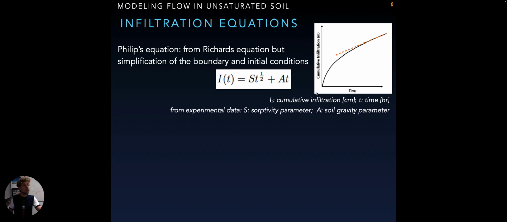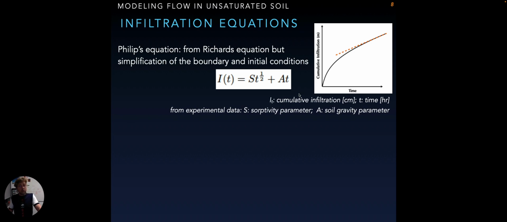So we're obtaining at the end a curve that looks something like that. And we can calculate A and S just by measuring the infiltration over time. We can obtain the curve that will allow us to find S, and A will be found by the extension toward the ordinates.